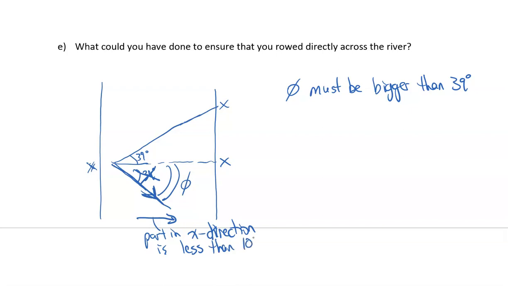And because it's less than 10 kilometers per hour, it's not going to get across in the same amount of time, and if it takes more time, it therefore needs to be at a greater angle than 39 degrees. So we can conclude phi must be bigger than 39 degrees since the x component of this motion would be less than 10 kilometers per hour.